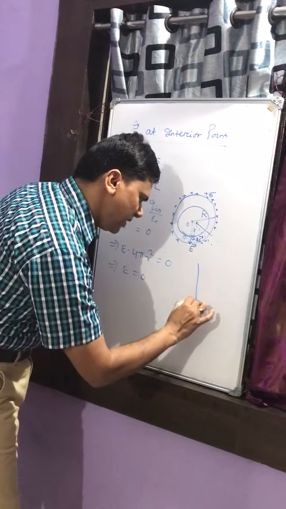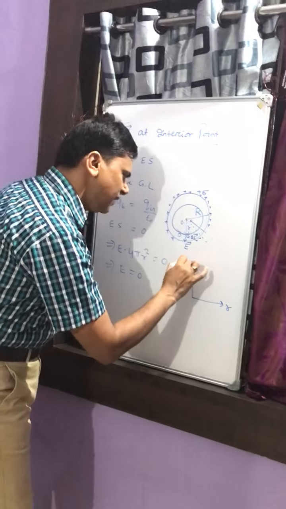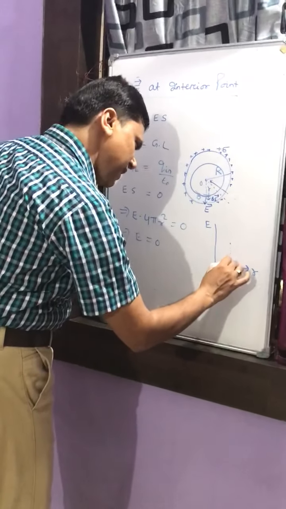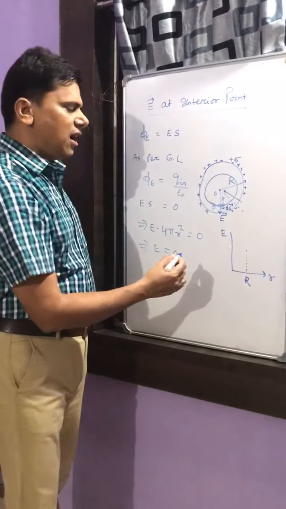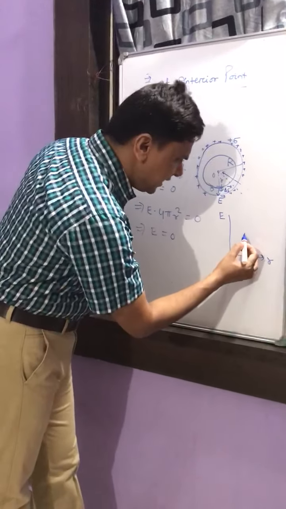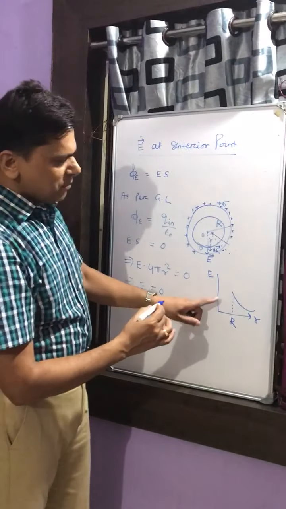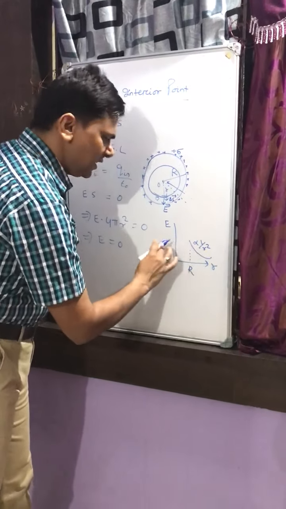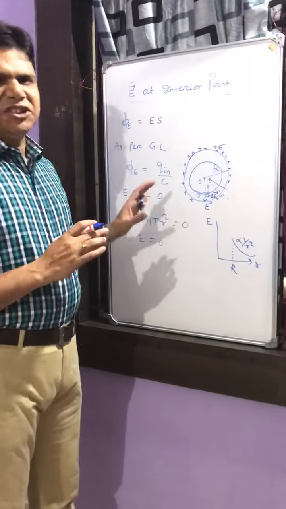If we make a graph between r and E, keeping in mind that capital R is the radius of the sphere, up to capital R it is 0, and then it decreases inversely proportional to r square. In the first part the electric field is equal to 0. Thank you.